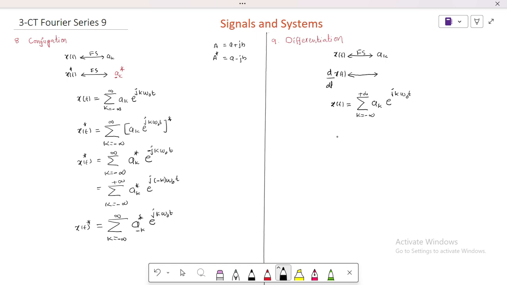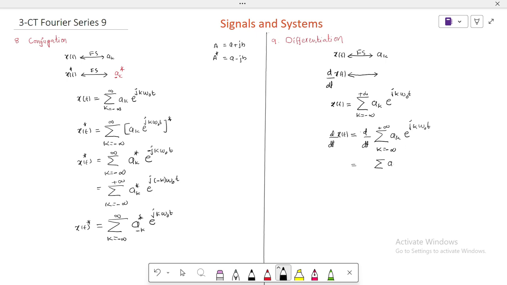Apply differentiation on both sides. d by dt of x of t equals d by dt of sigma, k equal to minus infinity to plus infinity, a_k into e power j k omega naught t. This becomes partial differentiation with respect to t, where a_k is a constant: dou by dou t of e power j k omega naught t.